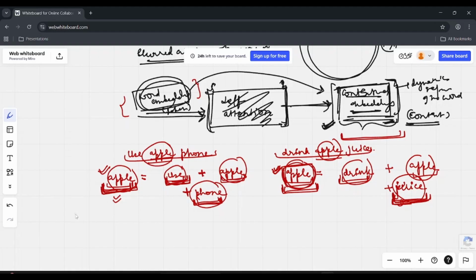For example, in this sentence, since this apple is used in terms of a company, this phone will play a very important role in obtaining this, right? So we need to associate certain weights here. And how will we introduce the weights?